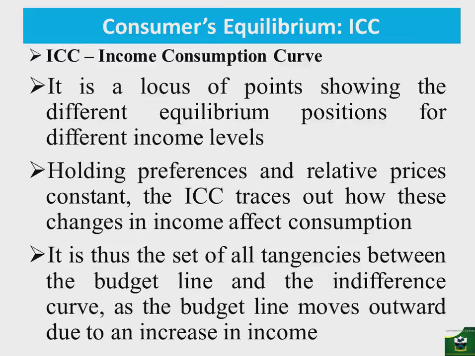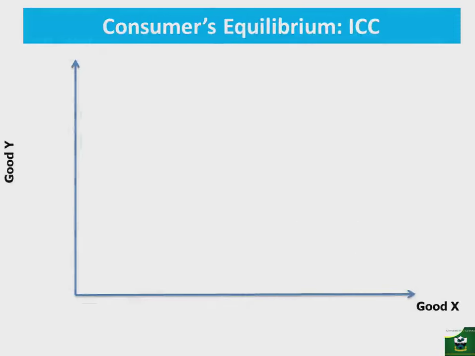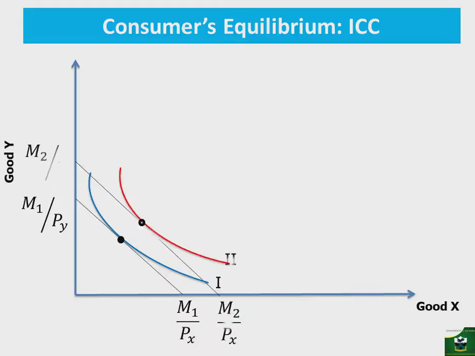Now, if you consider a decrease in income, it means that it will be tracing all points as income is reducing. Let's look at the graphical illustration with good Y on the vertical axis and good X on the horizontal axis, and our initial equilibrium point on indifference curve 1. An increase in income will shift the budget line outward, and the new equilibrium will be spotted on indifference curve 2.